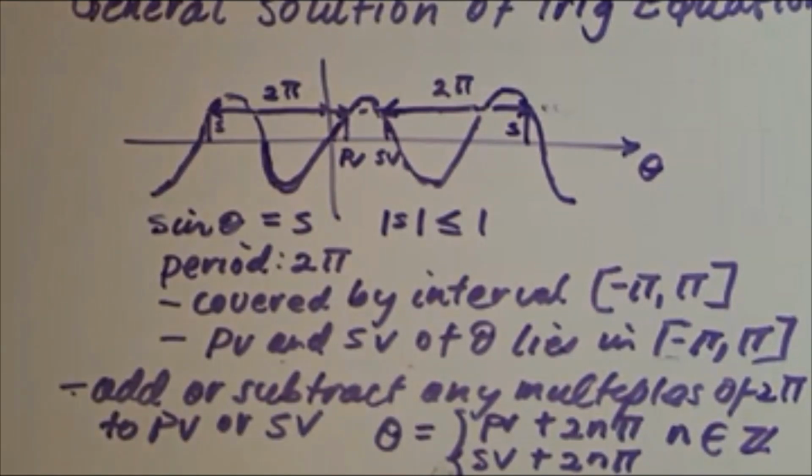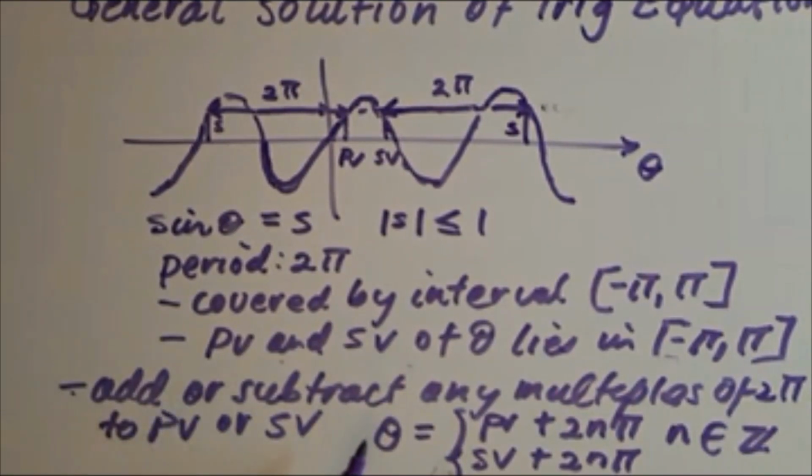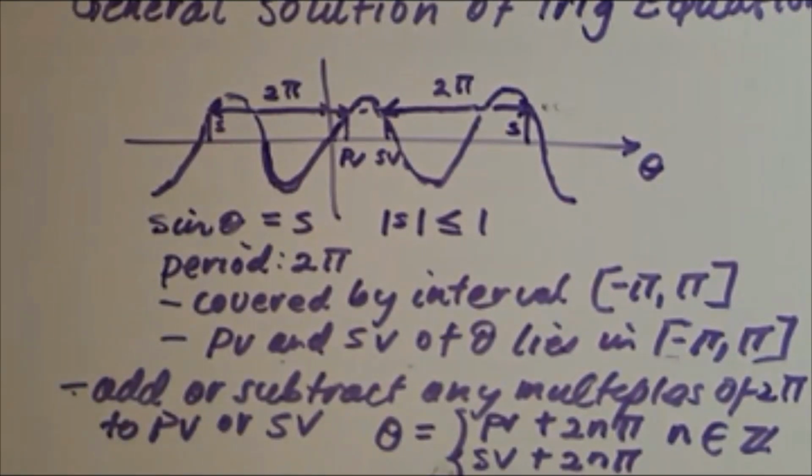So this covers what we've mentioned of adding or subtracting any multiple of 2 pi to the principal value or the secondary value. Here, n is the multiple, and likewise for the secondary value.